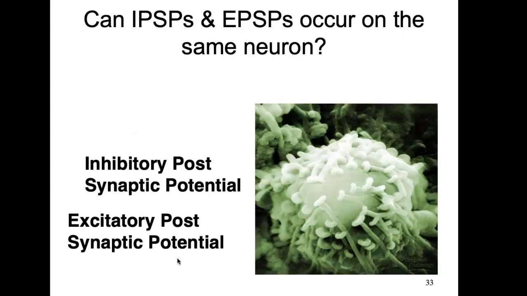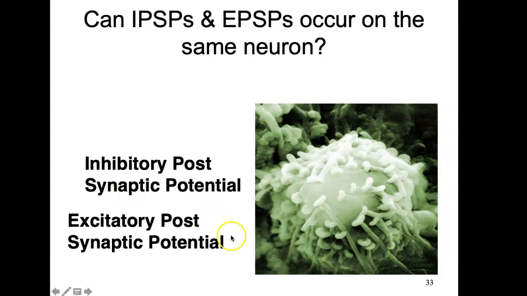Now, think about, can both of these be happening on the same neuron? Could you get a message coming to a neuron saying, you better excite that muscle, and another message coming saying, don't do that, stop that excitation? Can both of those stimuli be occurring on the same neuron?